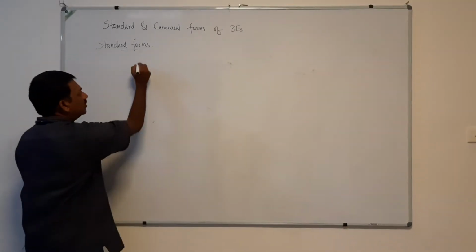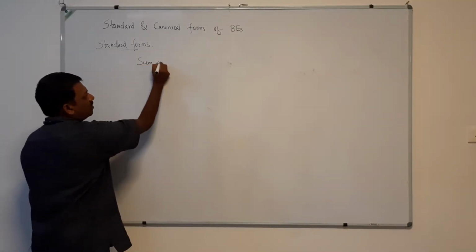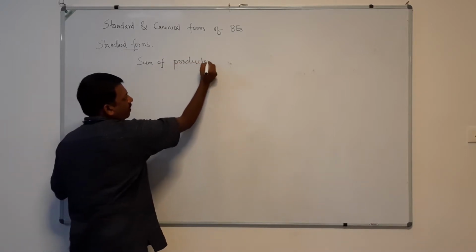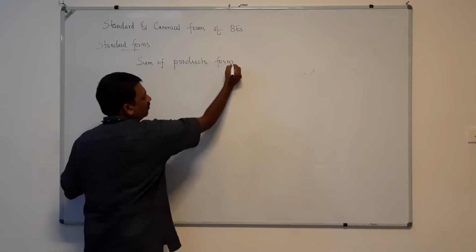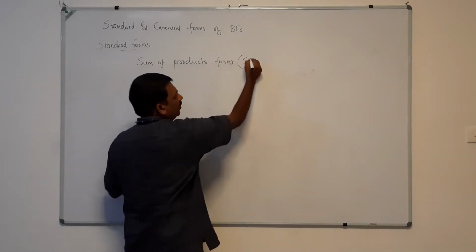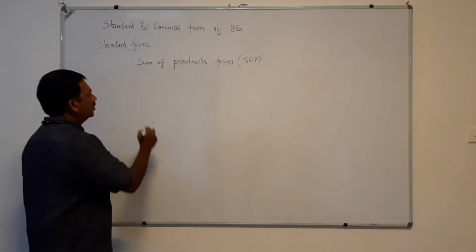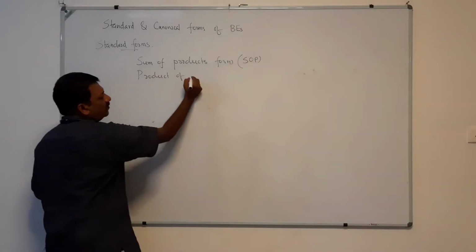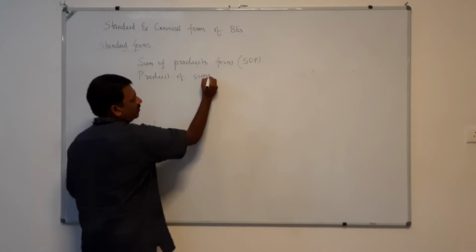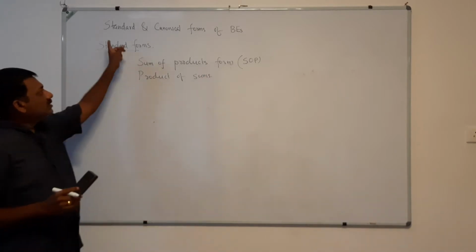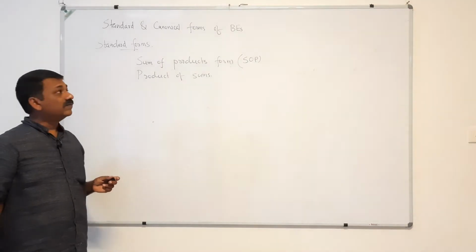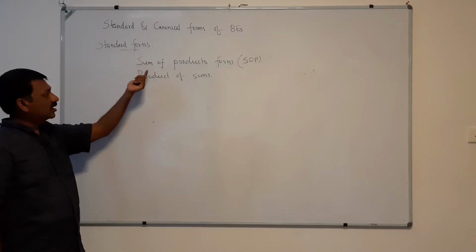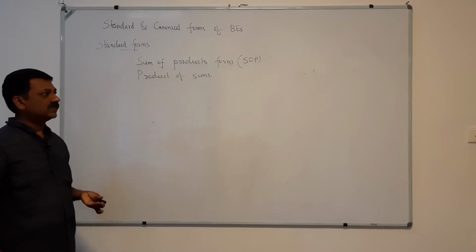They are sum of products form, otherwise called SOP, and product of sums. Standard forms are sum of products form and product of sums form.